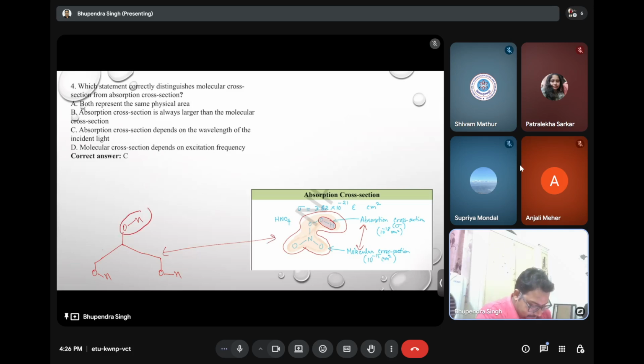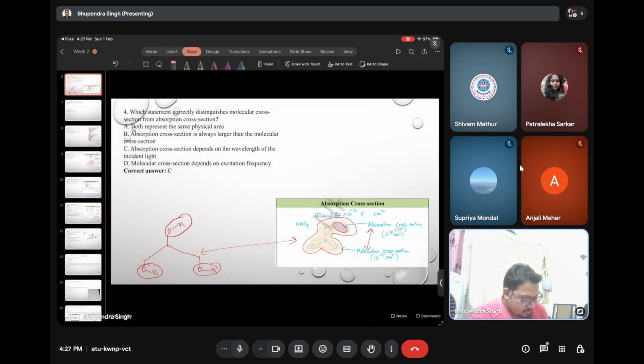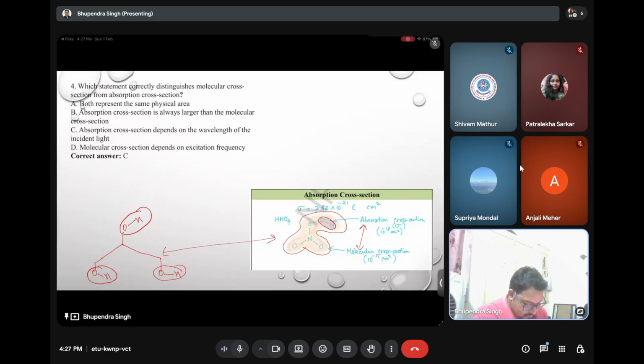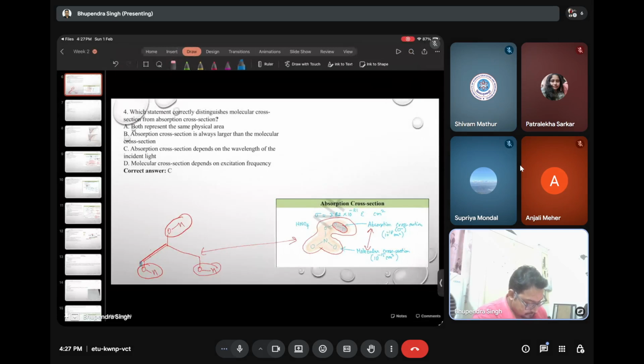Only this part, and this part. But the molecular cross section will always be this, right?